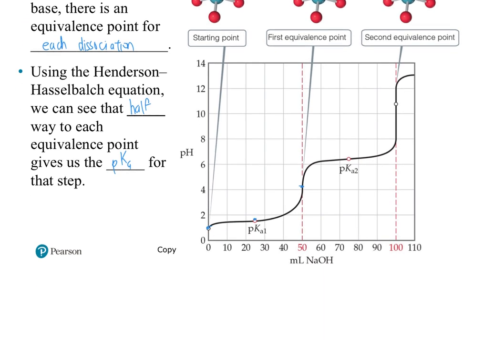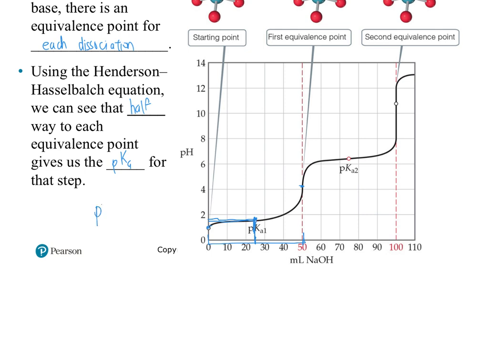Basically, in general, if it takes 50 milliliters to get to the equivalence point, I'm going to go over to halfway of that, so 25 milliliters, and I'm going to go look up the pH at that point. So if I go over here, it's a little bit less than 1, maybe like 1.6. So then that's the pKa.